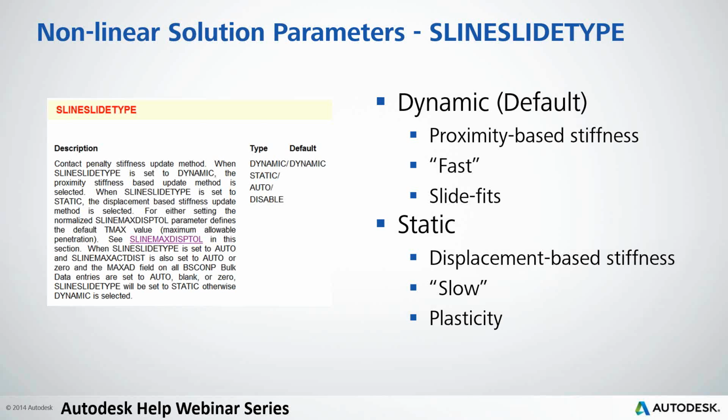So if you run into some trouble maybe with getting some spotty stresses in your contact results, I definitely recommend trying to switch over from a dynamic S-line slide type to a static.